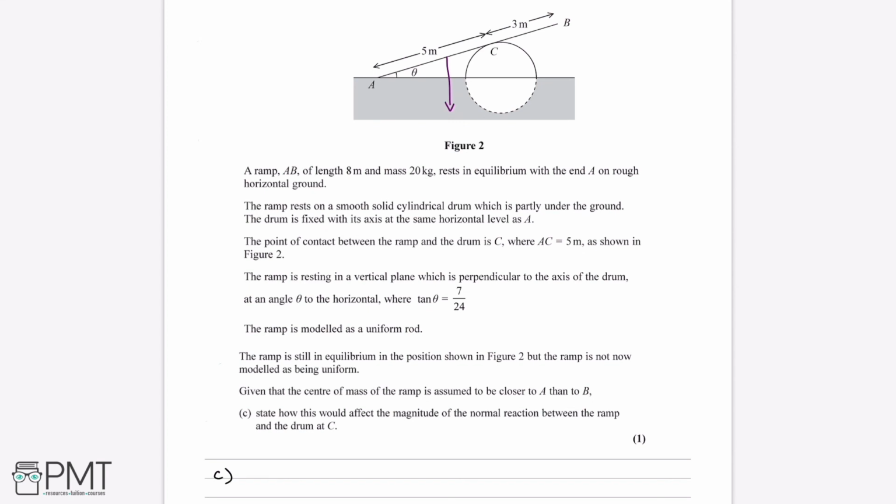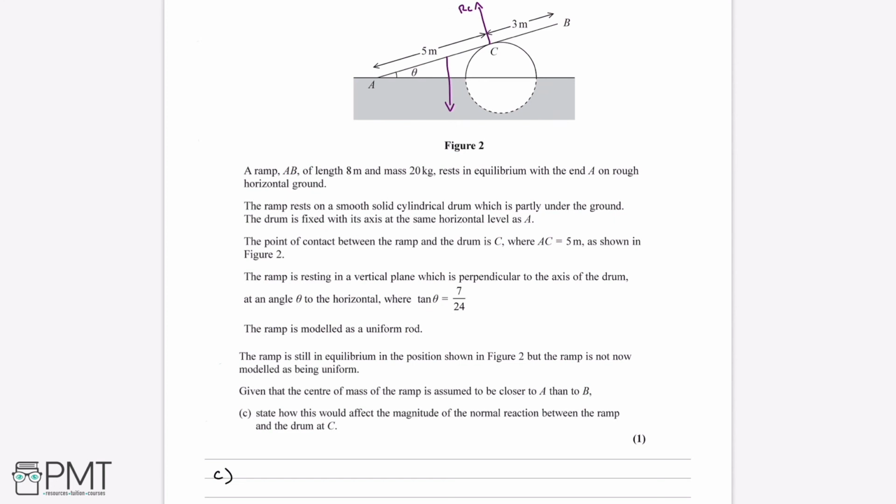And if we were to now take moments about A, like we did in part B, so our first step in part B was to take moments about A. If we were to do this now with our moved centre of mass of the ramp, we would notice that the clockwise moment about A would decrease, because when we were taking moments about A, the only thing that had a clockwise moment was this centre of mass force, and the only thing that had an anti-clockwise moment was this reaction force at C, if we just label that on the diagram here.